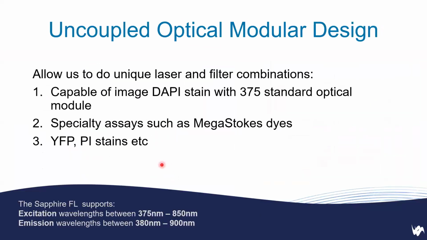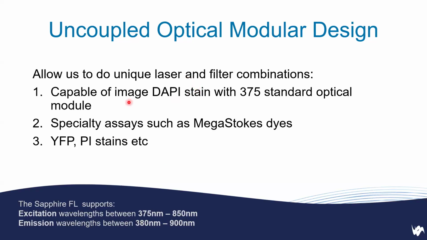Right. So let us look at what these specs in Sapphire FL allow us to do. So the first thing is it has a very good uncoupled optical modular design. So this uncoupled design between the lasers and filters allows us to do a huge variety of mix and match.